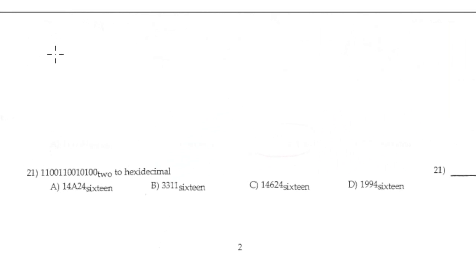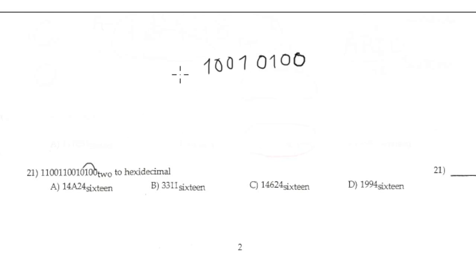Okay, this is again conversion to hexadecimal. You separate 4 by 4. We start at the beginning. We have 0, 0, 1, 0. This part first. Now after we have 1, 0, 0, 1.